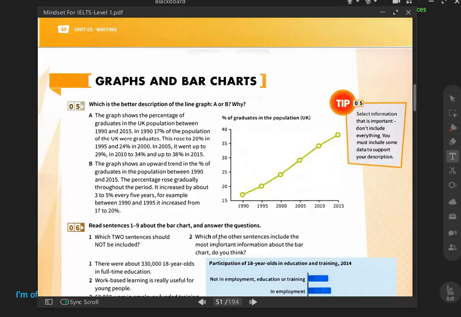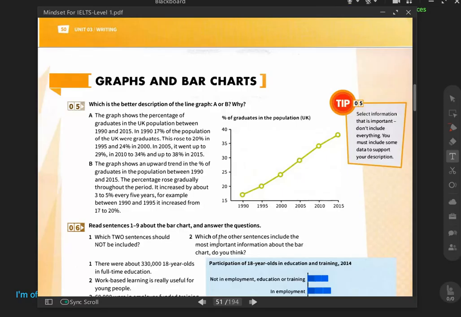It increased by about 3 to 5% every 5 years. For example, between 1990 and 1995, it increased from 17 to 20%.